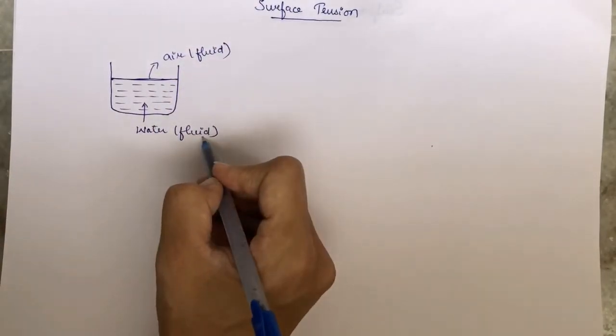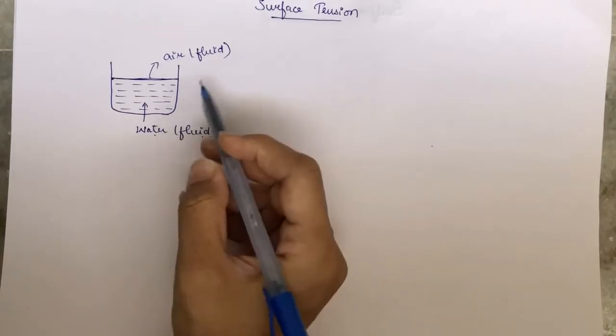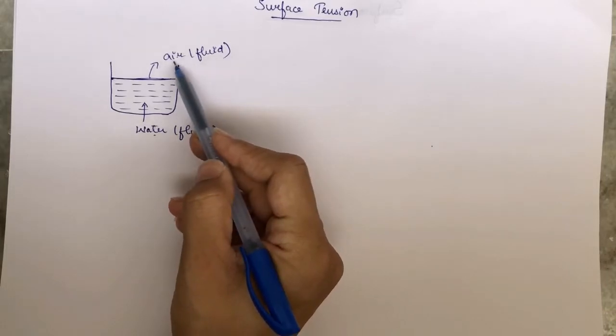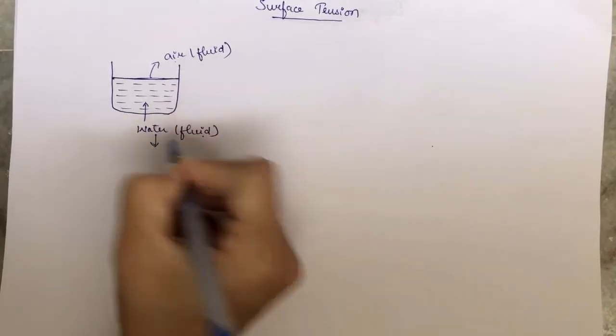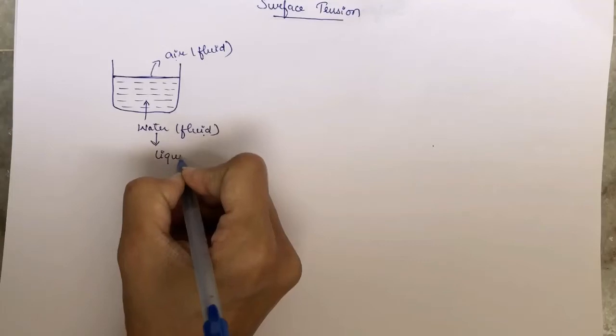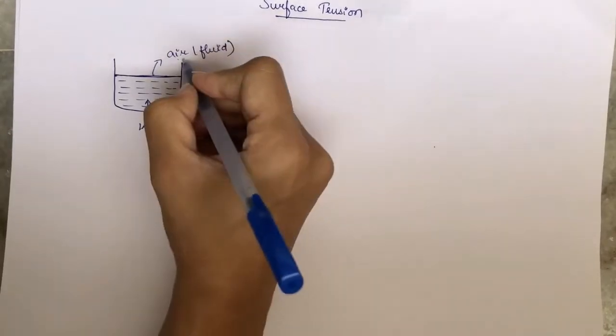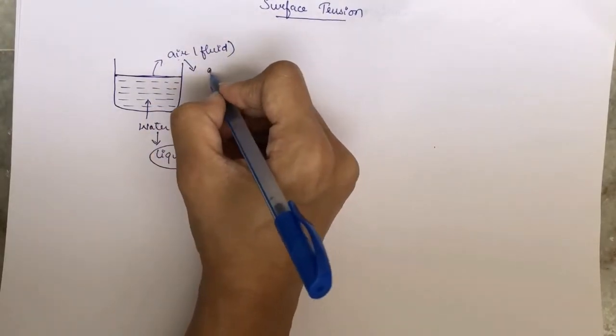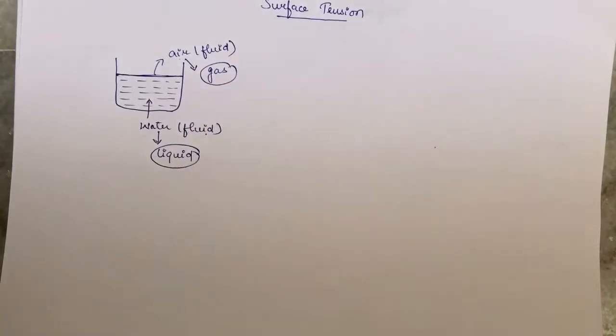A fluid includes any substance which can flow. So here we have a fluid, water, as well as another fluid called air. This water is the fluid type liquid, while air is the fluid type gas that we discussed in the last lecture, right?